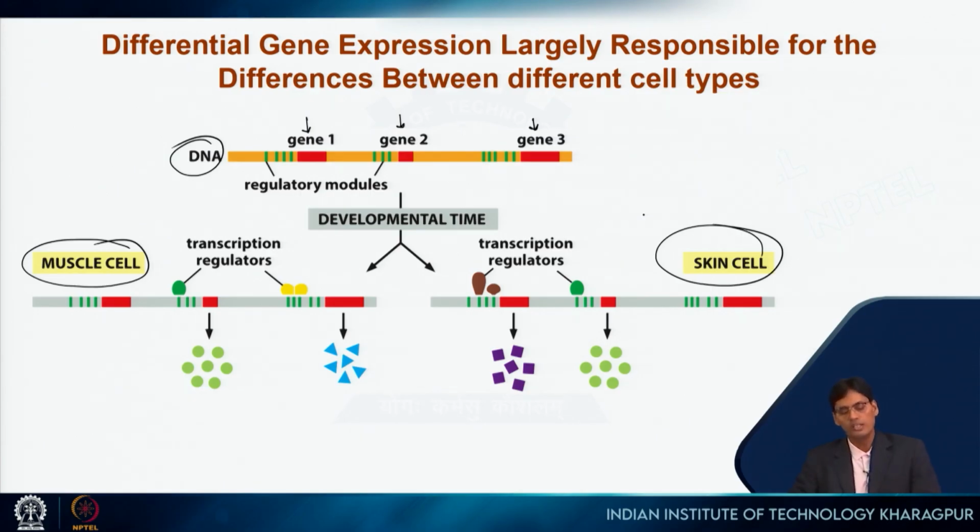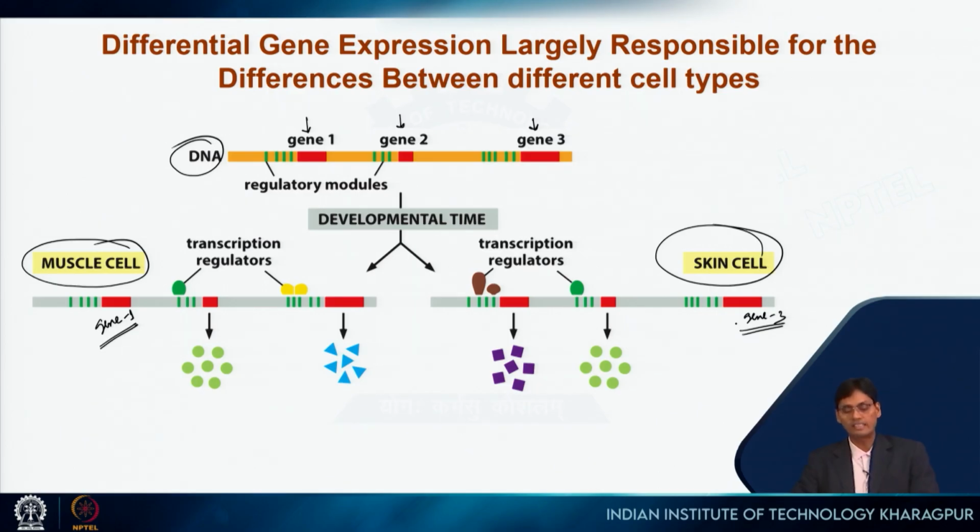Now, at a certain point of time during developmental time, as you can see, in muscle cell, somehow gene 1, shown here, is not making any product because of some kind of regulation. On the other hand, you can see that gene 3 in skin cell is also not making any product.